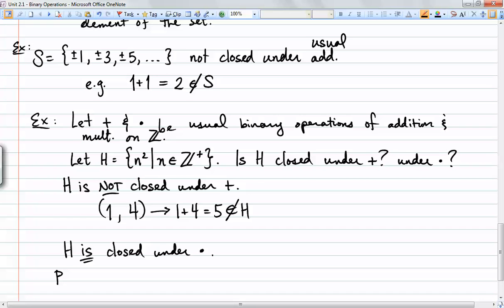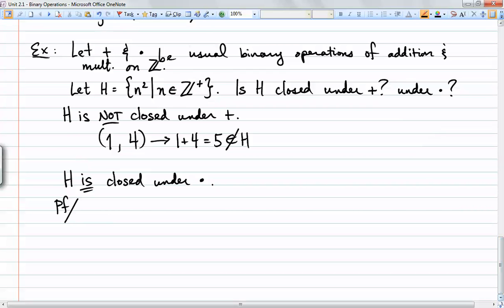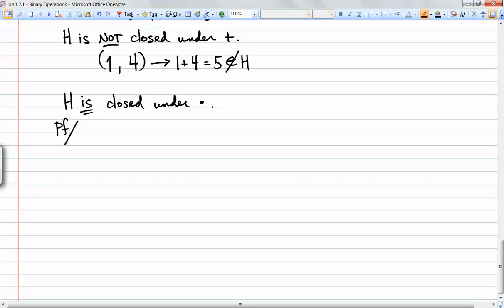And here's the proof. Let R be in H and S be in H. So I'm picking my two elements. Then R comma S comes from H cross H. We want to prove that this element gets assigned under multiplication another element in H. So that's the same thing as R times S. Regular times, so I'm using a dot now.